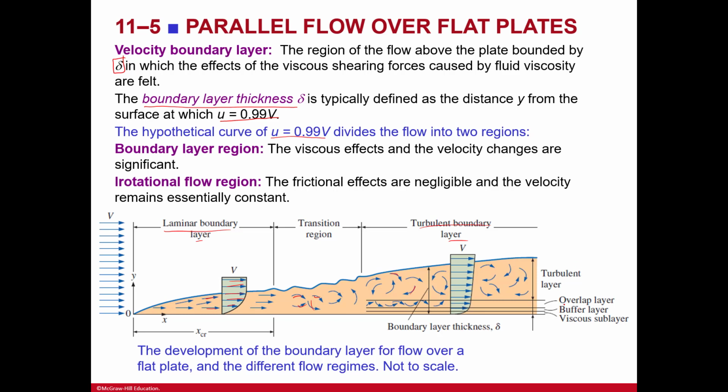And so you see you have this viscous sublayer down here at the bottom. The schematic is showing, while not to scale, the development of the boundary layer for flow over a flat plate in the different flow regimes. You see right here this viscous sublayer, that's the bottom. Right above that you've got the buffer layer, and then above that you've got the overlap layer.